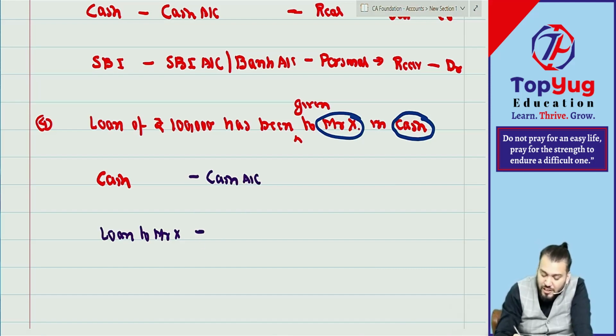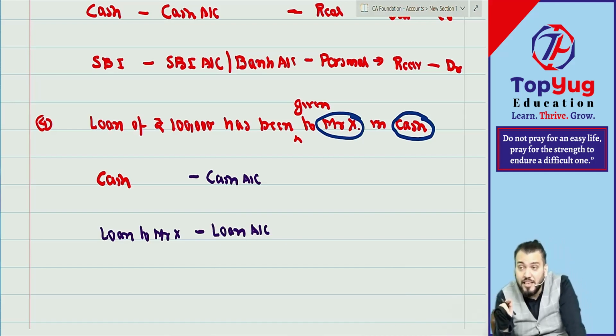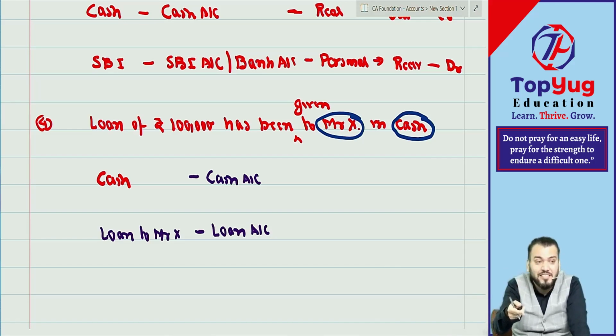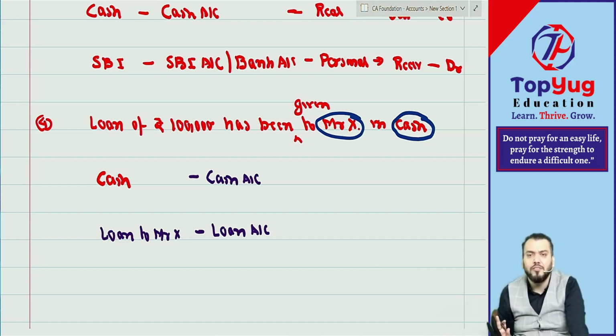For loan to Mr. X which account? Either you can open a loan account or you can open a Mr. X account also. Mr. X will become what? Natural person. Loan account will become a representative personal account, because the loan will represent Mr. X. So both are personal accounts. So you can open a loan account or you can open a Mr. X account also. Both are correct.